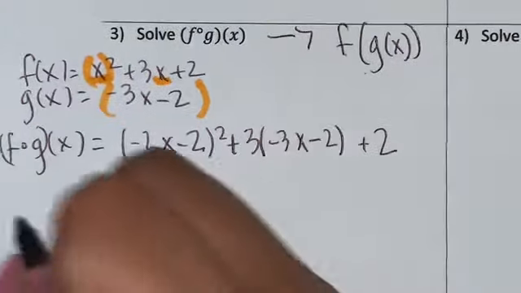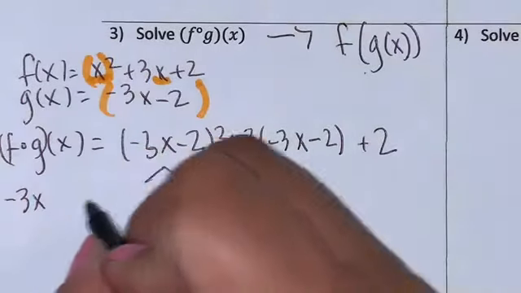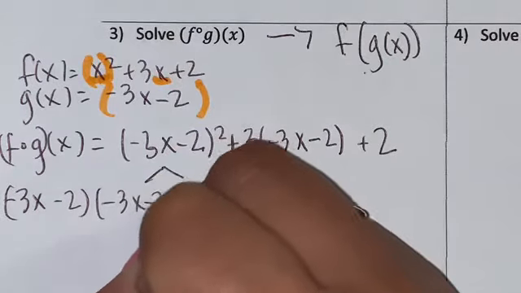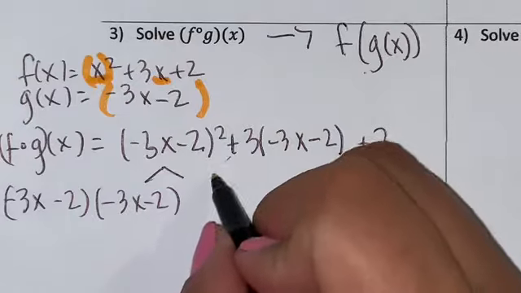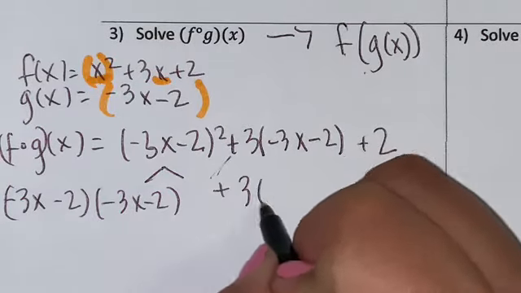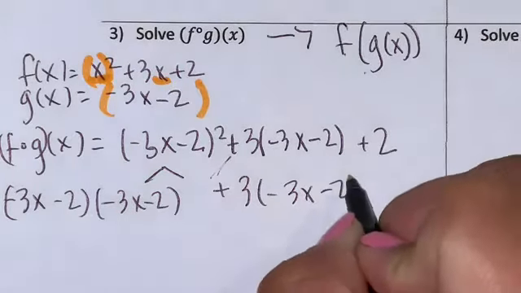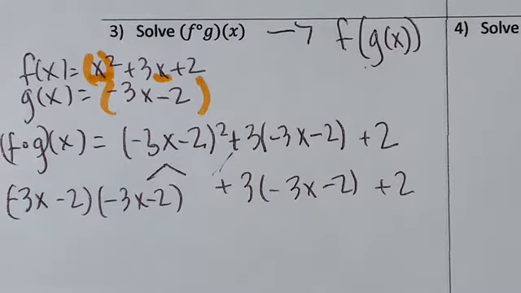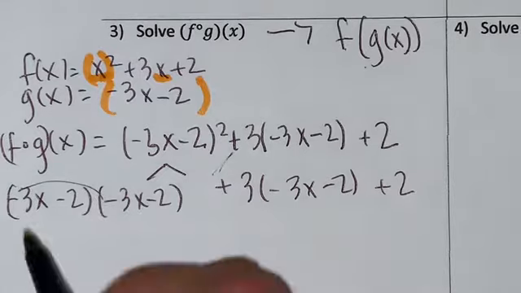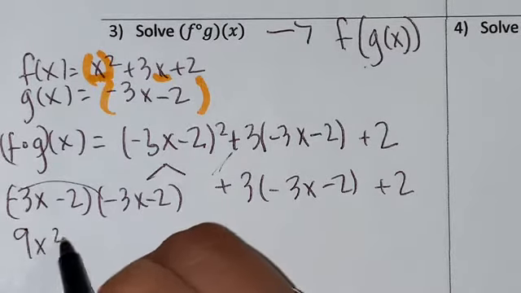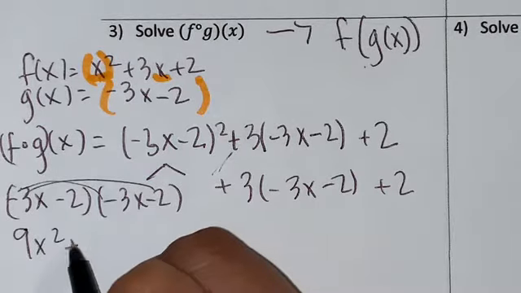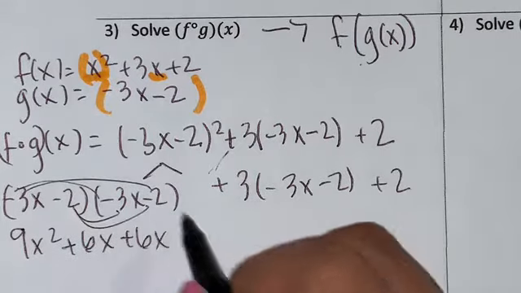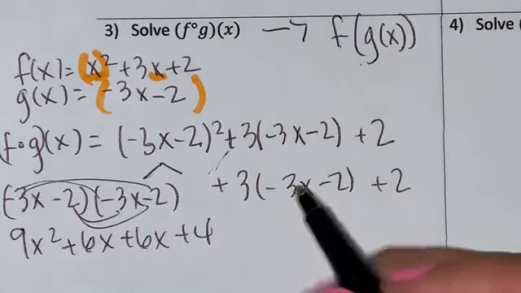Let's expand this. Negative 3x minus 2, negative 3x minus 2. And then we bring this down. Plus 3 times negative 3x minus 2 plus 2. We're going to FOIL. So I'm going to have 9x squared plus 6x plus 6x plus 4.